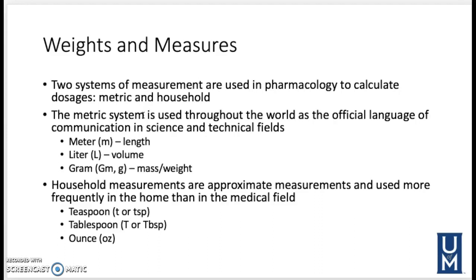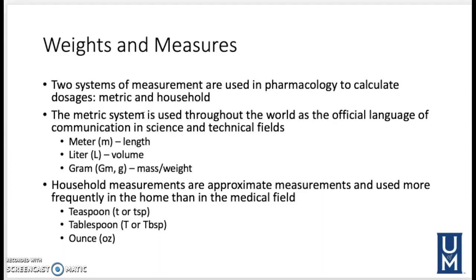So here, length is in meters, volume is in liters, and grams is going to indicate mass or weight. So for us, the most important is really going to be those liters, that volume, and the grams of mass. So we'll often see milligrams, milliliters, those types of things to tell us how much our medication dosage might be.